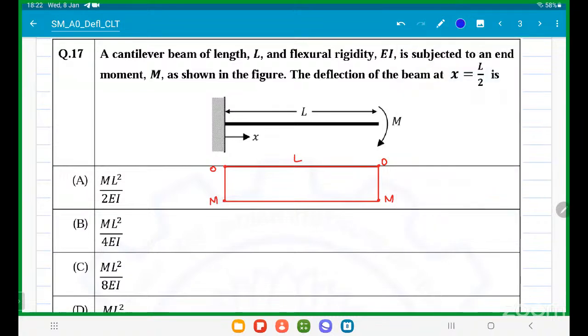At x equal to L by 2. This is the calculation point. This is y equal to 0. So what about this distance? L by 2, L by 2.